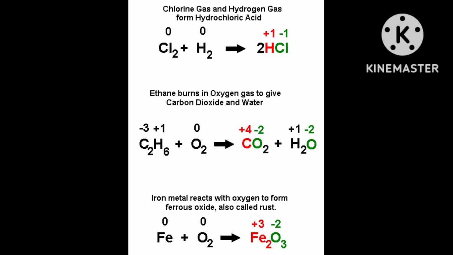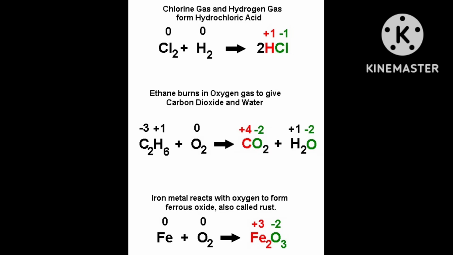The balanced equation you can write like this: 2KClO3, that is a solid, so you can write (s) in a small bracket. When you heat potassium chlorate, heating means a triangle sign above the arrow.